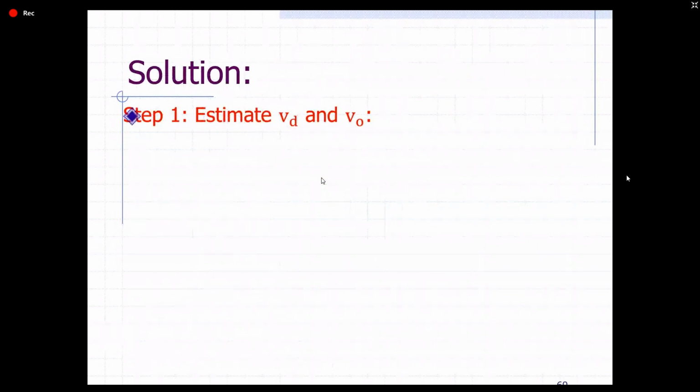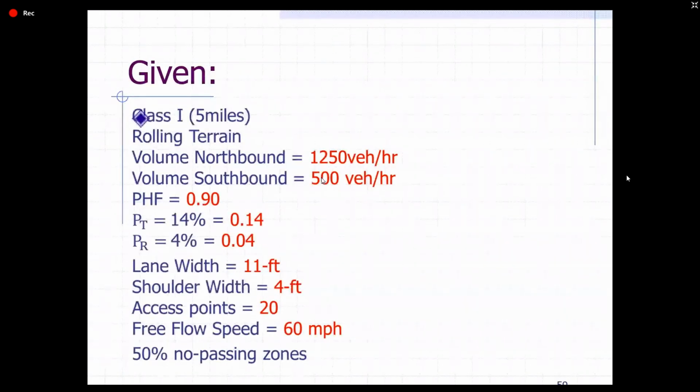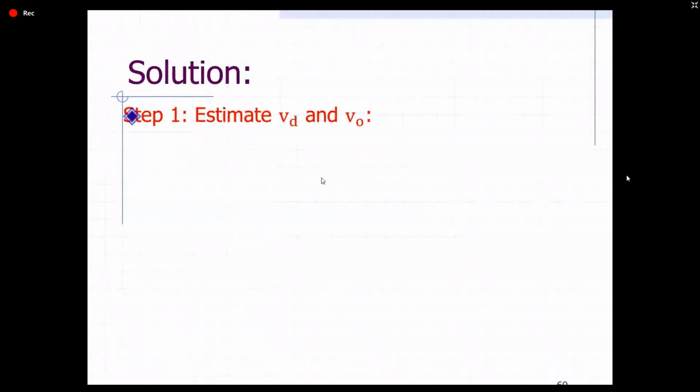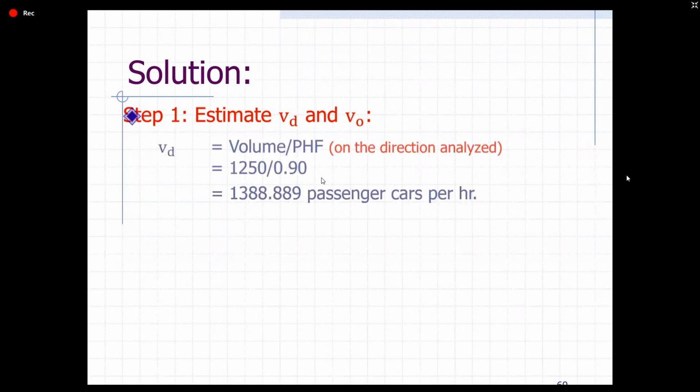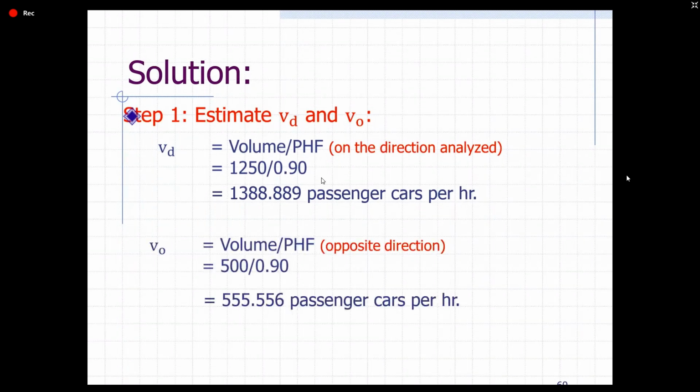So, una, again, same, estimate ulit tayo ng V sub P. But since directional tayo, lagyan ko siya ng V sub D and V sub O. D is on the direction that we are analyzing, O is on the opposite direction. Same formula, this is your volume divided by your peak hour factor. So, eto siya. Then your V sub O is divided by your peak hour factor pa rin. You now have your values here.